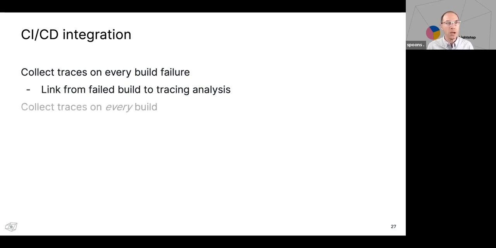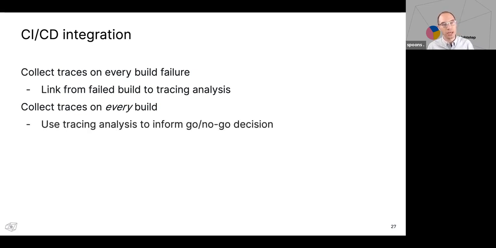And help us understand what's there. We actually can collect traces on every build as well, maybe not every request, but on many requests. And we can actually use that analysis to inform a go or no-go decision on the continued deployment of a particular service version. We can also link from traces back to deployments, right?